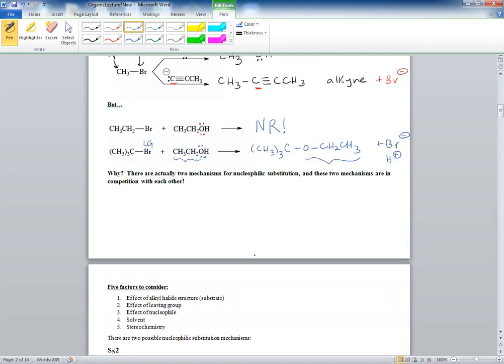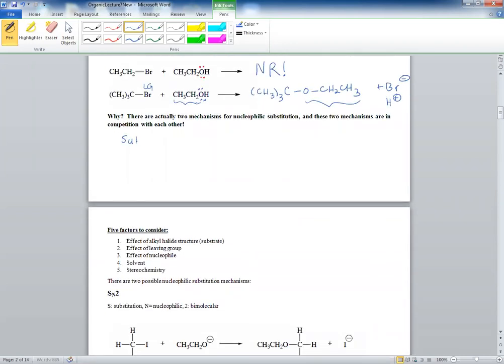So in substitution, you have either SN1 or SN2, and they are in competition. And your task is to discern based on several factors that we will study.